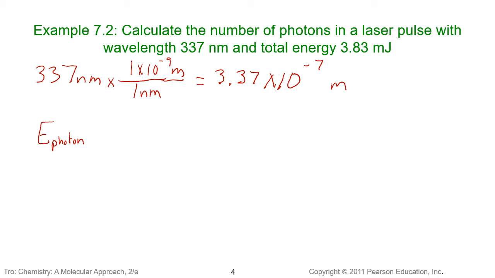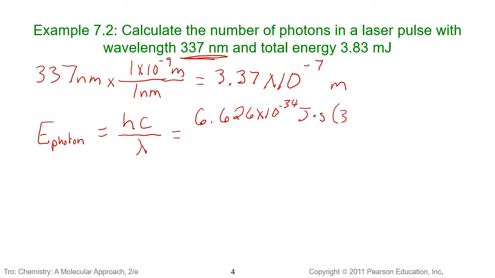And here we have wavelength, so we're going to use the equation with wavelength. So Planck's constant times the speed of light over the wavelength. Planck's constant is a constant. Speed of light is a constant.